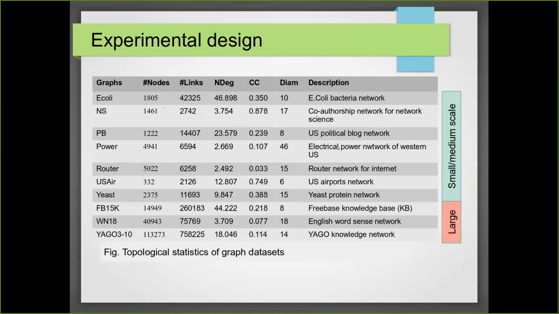You can see the domain of each graph here. For example, the E. coli graph is a representation of an E. coli bacteria network, and NS is a co-authorship network from network science publications.